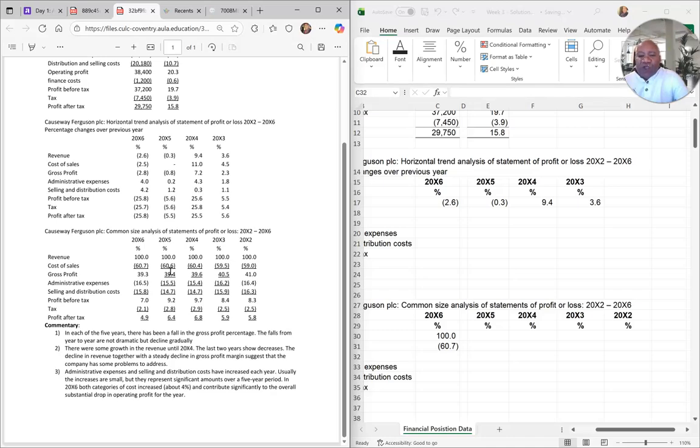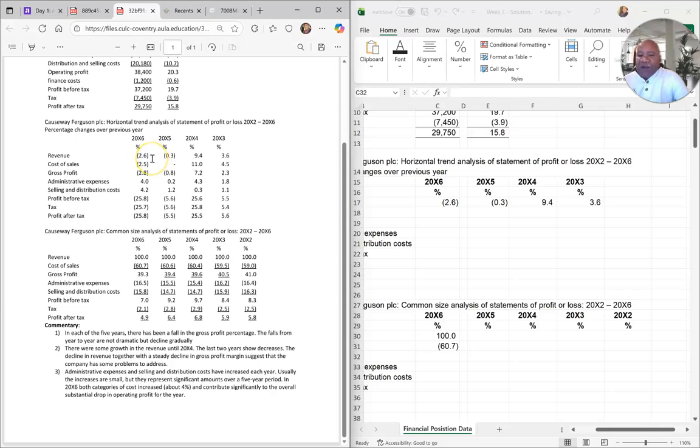So it is not dramatic, but it is a gradual fall. There was also some growth in the revenue in 20x4. But the last 2 years showed decreases, as you can see there.